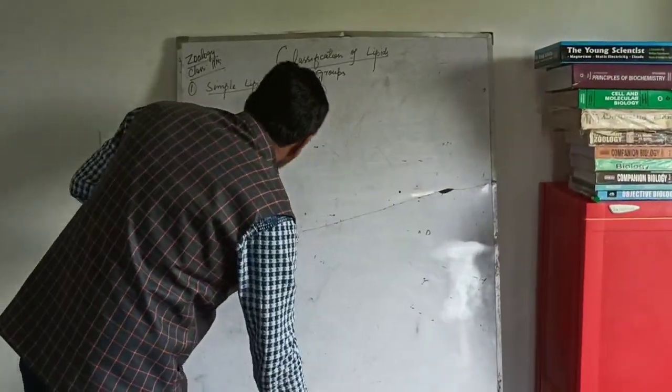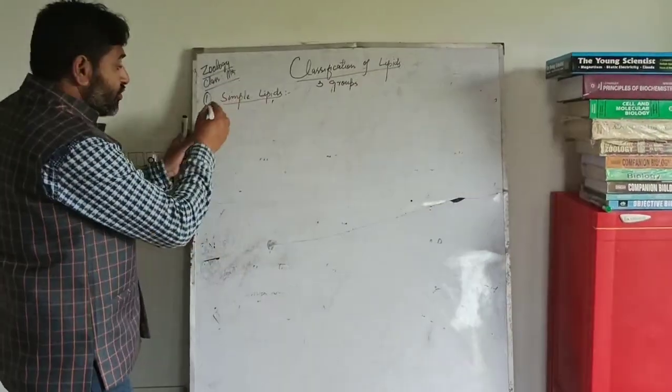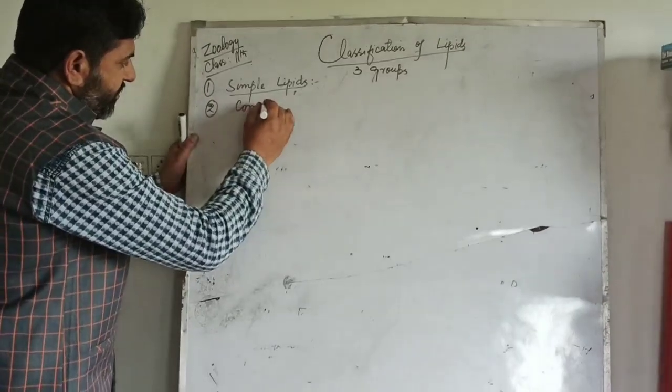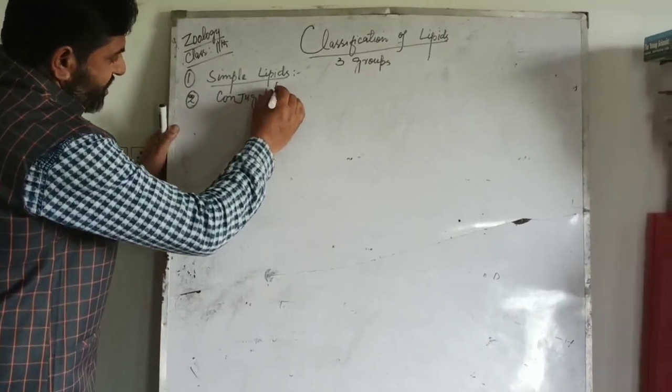Now the second group of lipids. One was the simple lipids, and the second is conjugated lipids.